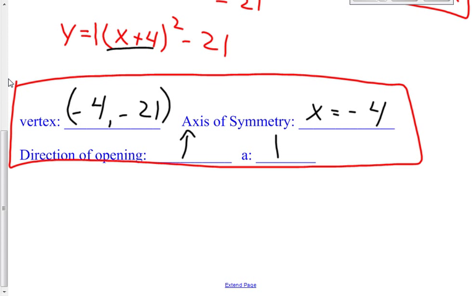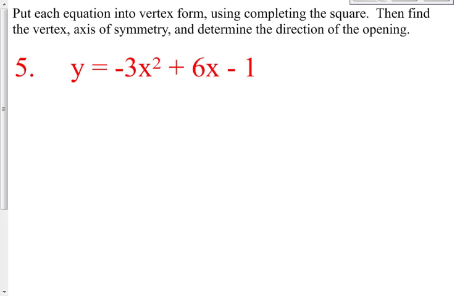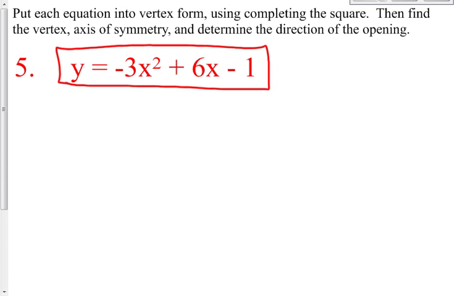It's quick. Let's try another one. This right here is not in vertex form. It is in standard form. So let's put it into vertex form by completing the square. X squared and the x have to be on the left side all by itself. So 1, let's get you on the left.